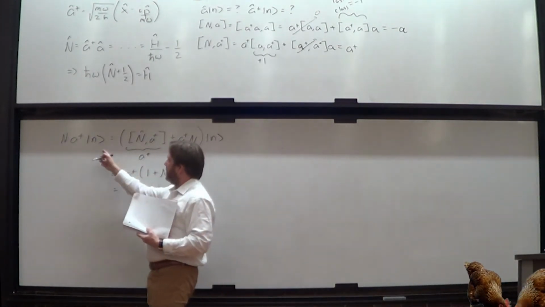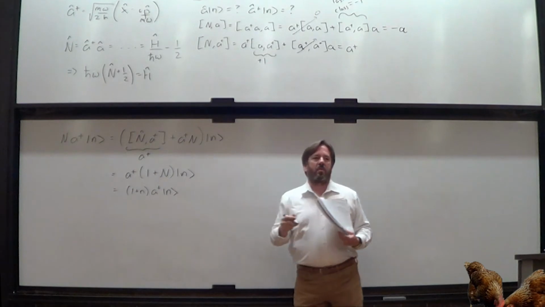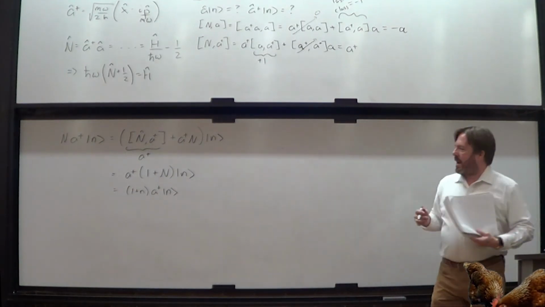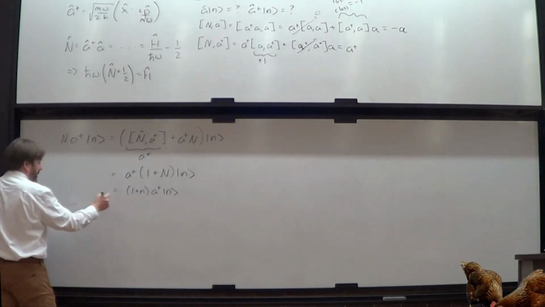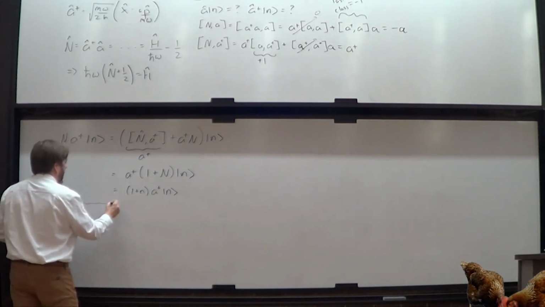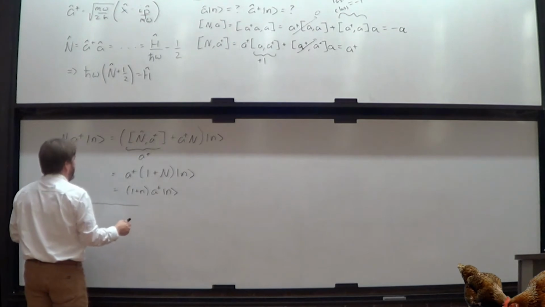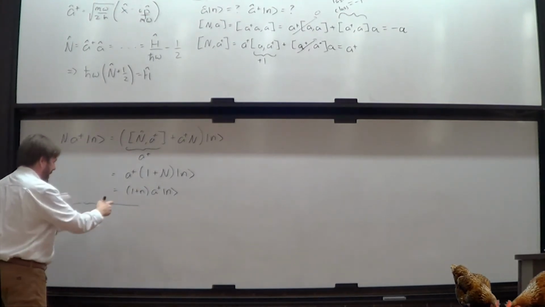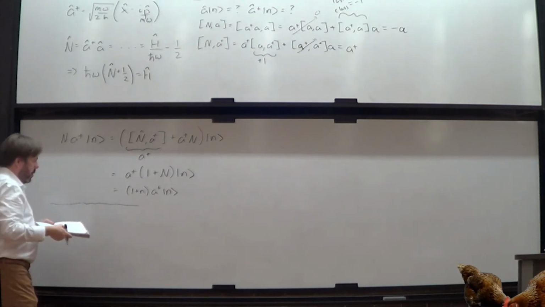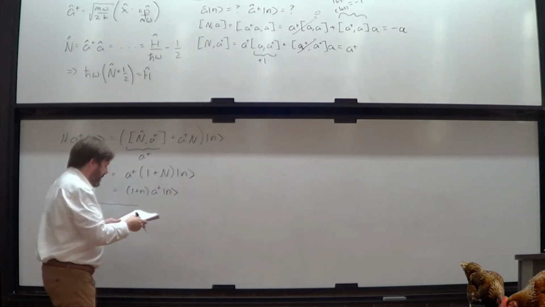A plus gives me a quantum number plus 1. Now I'm not saying what it does to the ket, because I haven't done anything with it, but I do know that when I act on the ket, the number operator is going to report that the state is 1 unit higher.